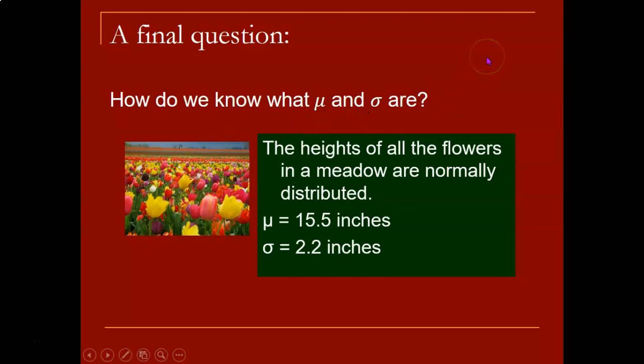And that sort of leads us into what we're going to be talking about in the next chapter. We'll be talking about the relationship between populations and samples. And today we talked about, if you know what the population mean is, what can you say about sample means? What's the probability that the sample mean is within a certain range? Next time we'll kind of do the reverse of that.